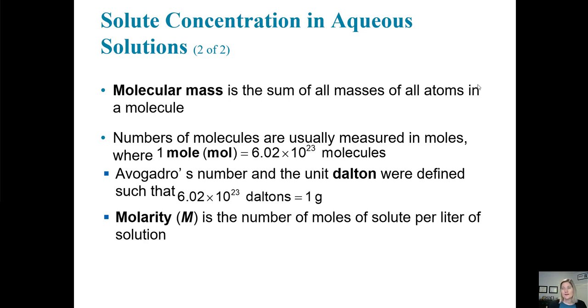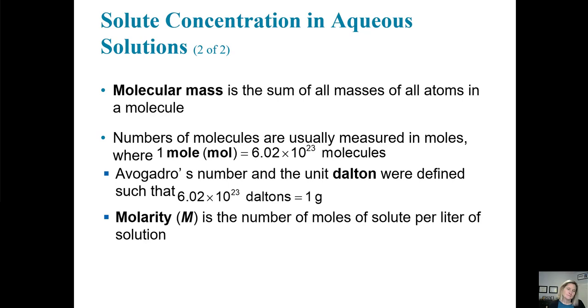So for example, we might look at sodium, salt. Okay, so salt is sodium and chlorine. So we're going to look at the mass of all of the atoms of that table salt in a molecule of salt. And that's going to form its molecular mass, the sum of all masses of all atoms in a molecule.